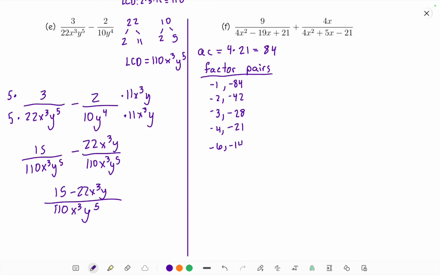Negative 6 and negative 14. 7 goes into it. So negative 7 and negative 12. 8 does not go into it. 9 does not go into it. 10 doesn't, and 11 doesn't. So these are all our factor pairs. And we need negative 19, which would be negative 7 and negative 12.